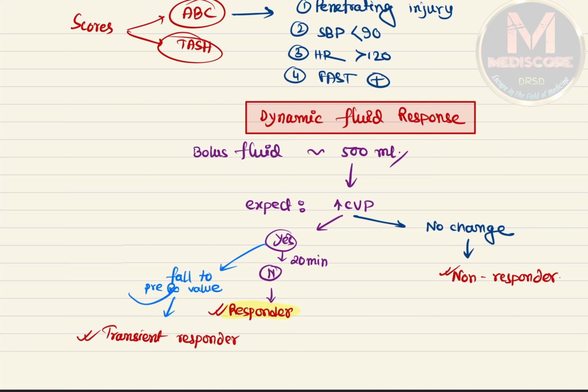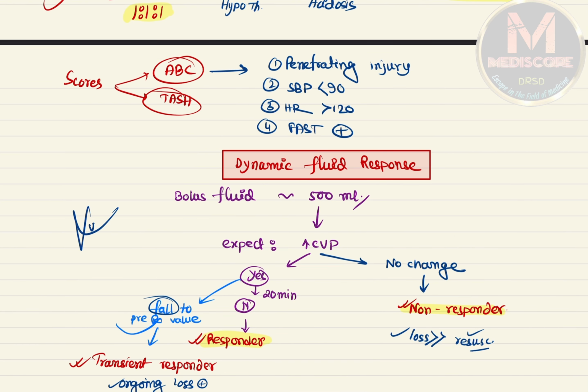Non-responder means CVP is unchanged, which means the rate of blood loss is more than the rate of resuscitation. In a transient responder, there is ongoing loss, so the CVP is not maintained. In a responder, there is no ongoing loss.